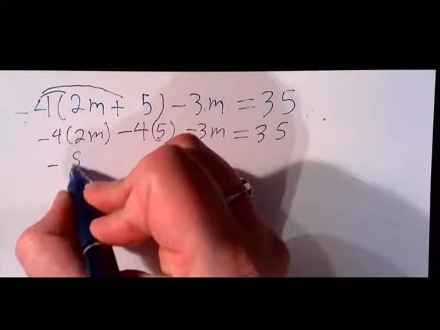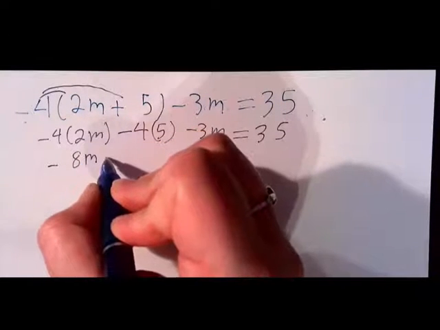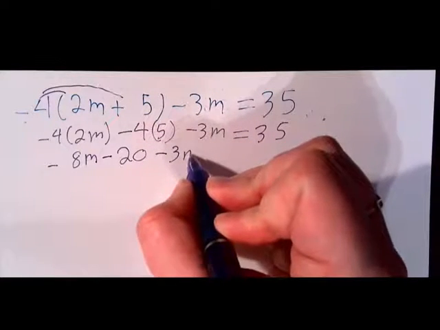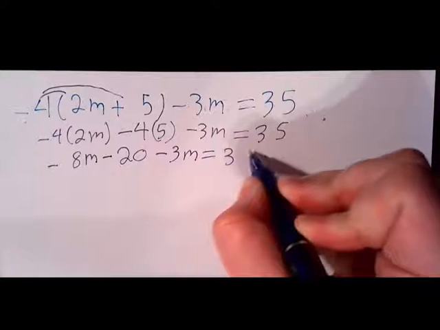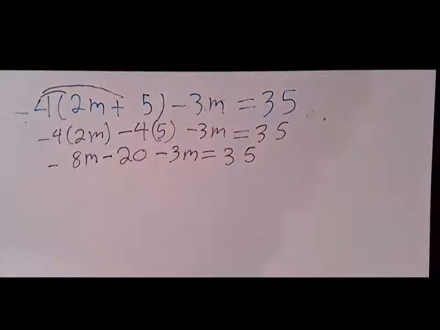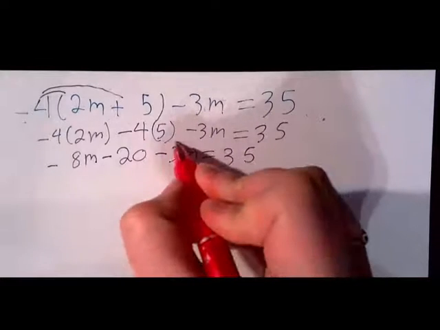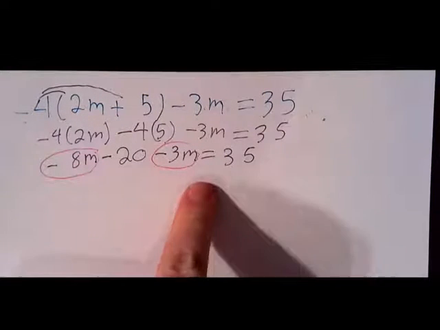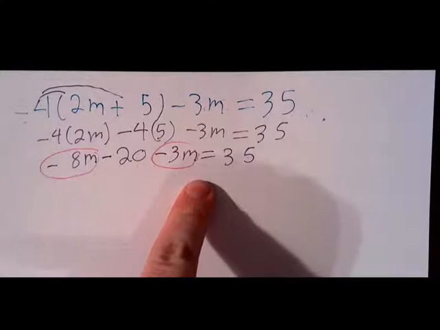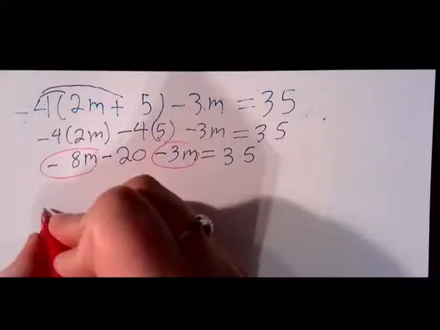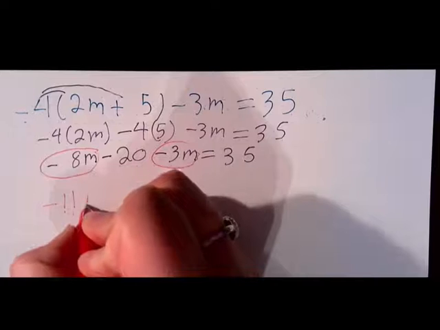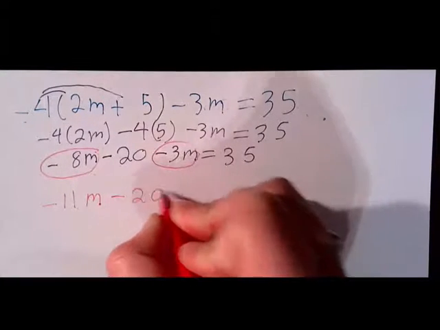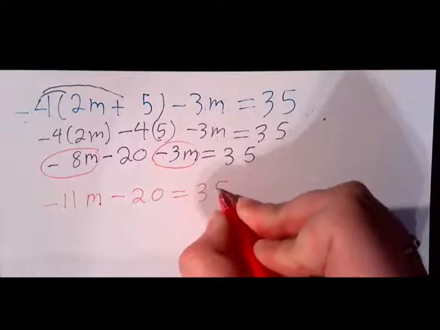So we end up with a negative 8m minus 20 minus 3m is equal to 35. So again, combine your like terms. Take the sign in front. Do not drop that off. So negative 8m plus a negative 3m, which is negative 11m, minus 20 equal to 35.